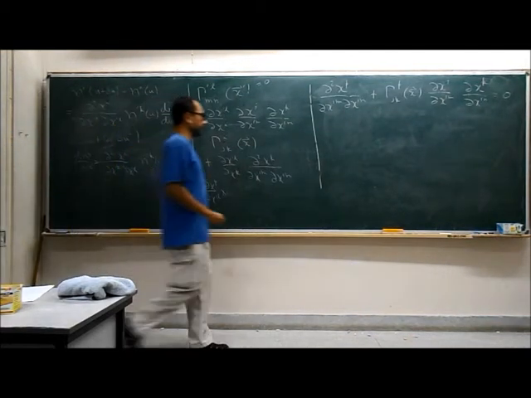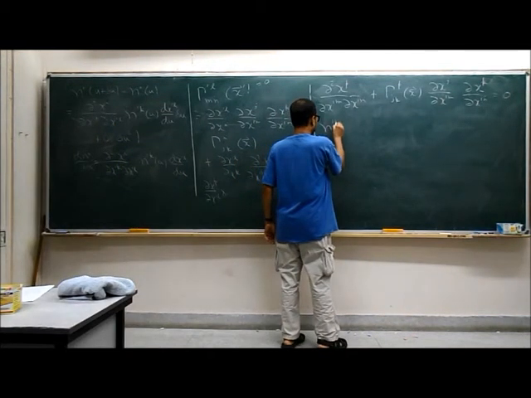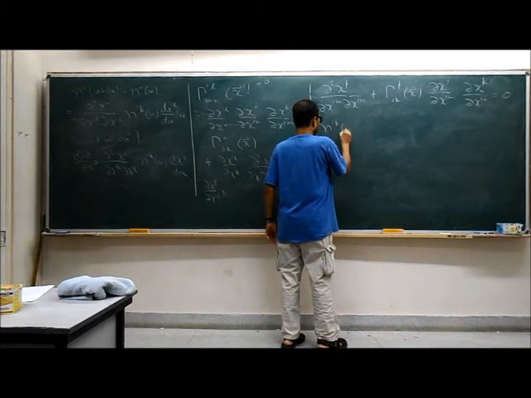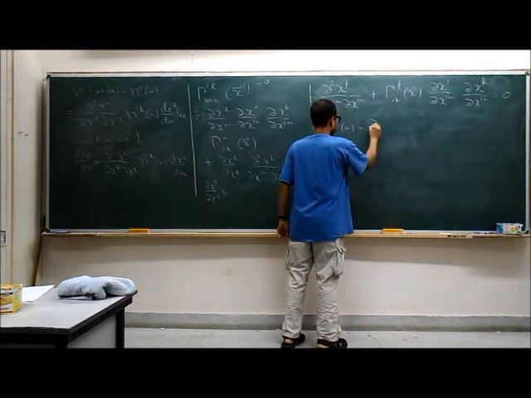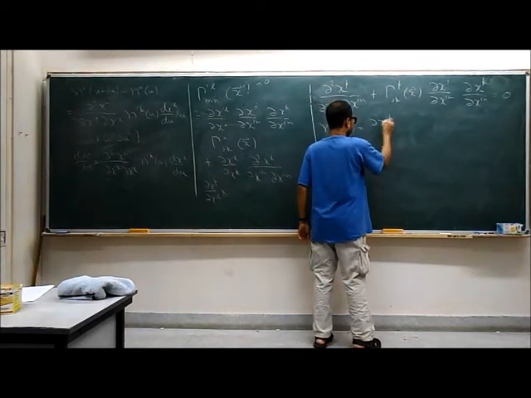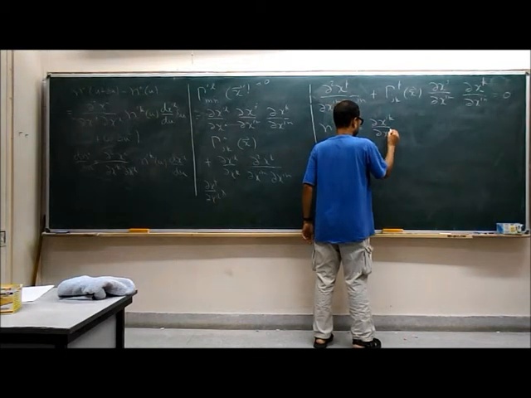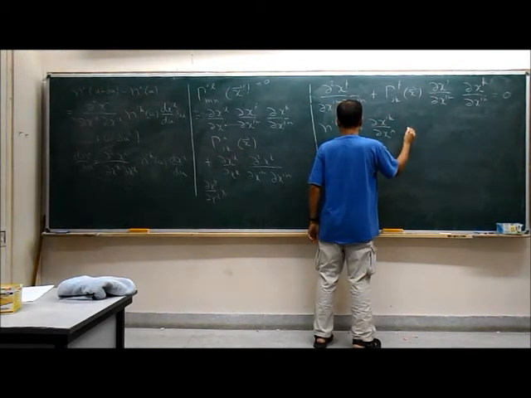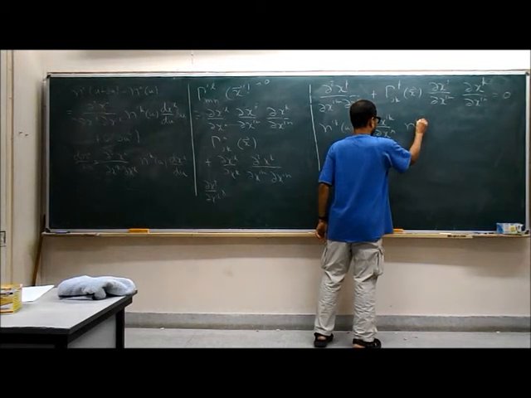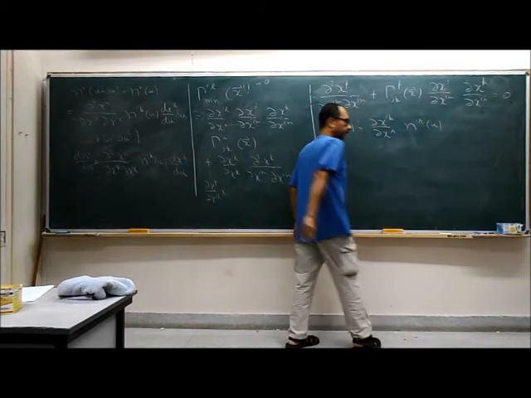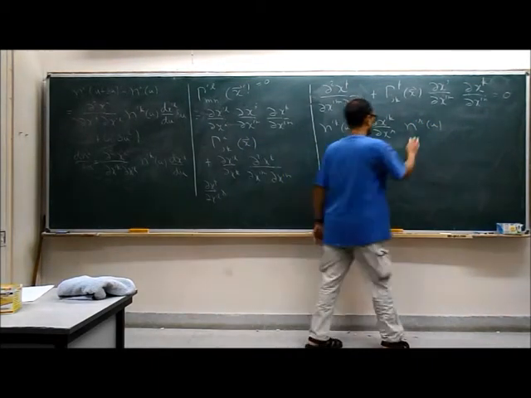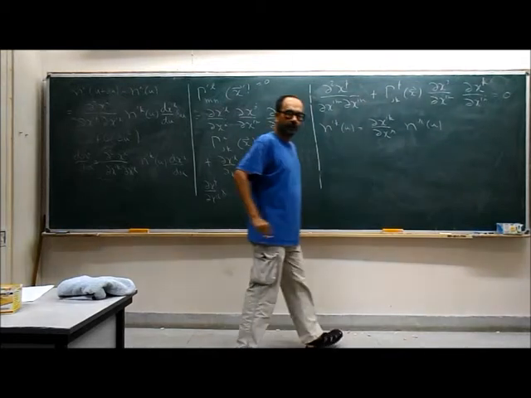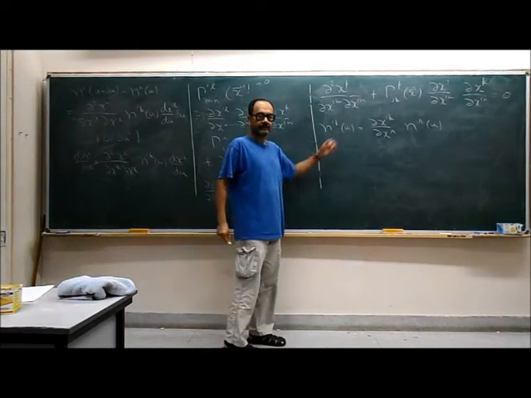These also we know: N prime k of u is del x prime k over del x r, N r of u. This is a transformation law that we have found for the tangent vectors.